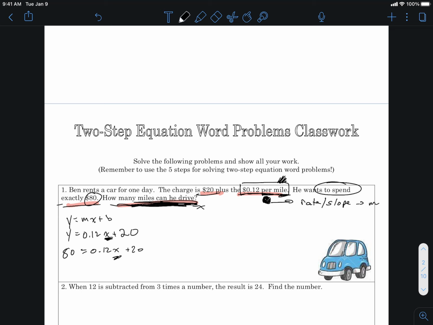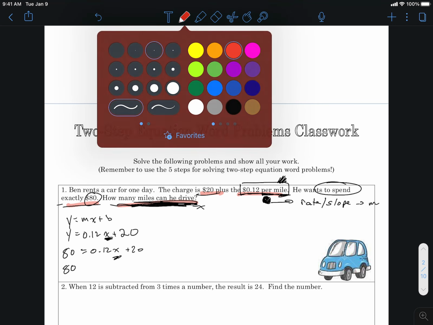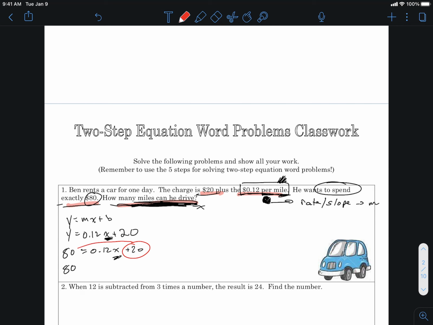So 80, I'm going to move the 20 over to the other side, right? And to do that, I'm either going to make it negative or I'm going to subtract 20 from both sides. Both will do the exact same thing, right? 60 is equal to 0.12x. Okay, so then you're left with 60 is equal to 0.12x.